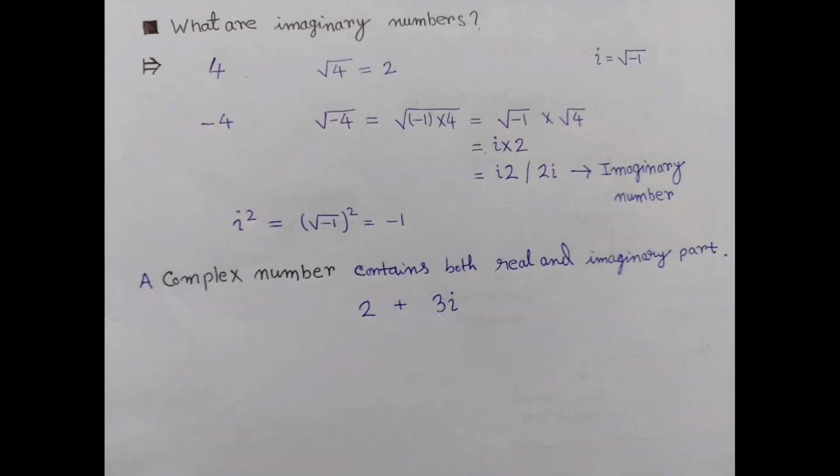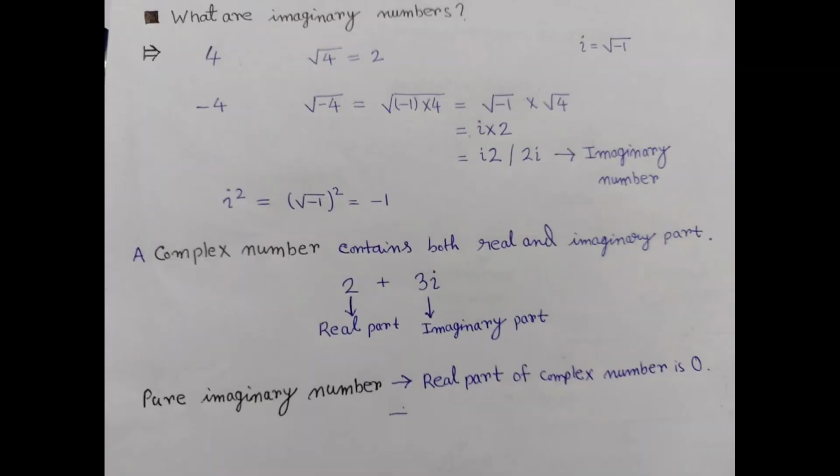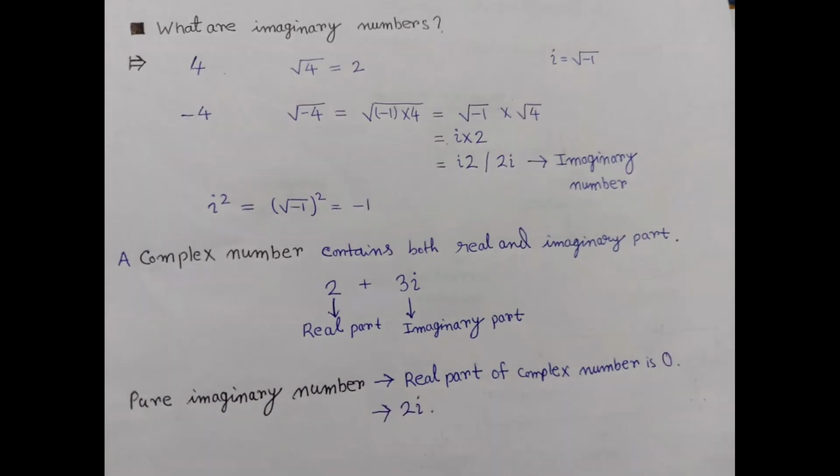Like this, 2 plus 3i. In this case, 2 is the real part and 3i is the imaginary part of the complex number. So, a complex number is the combination of both real and imaginary numbers. If the real part of the complex number is 0, then it is called a pure imaginary number. So, 2i is a pure imaginary number because the real part of the complex number is 0.